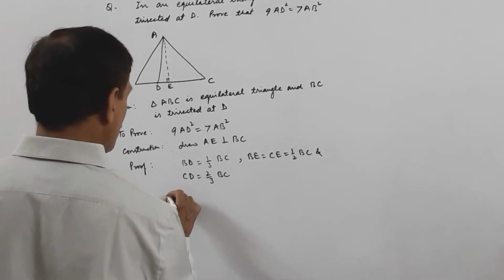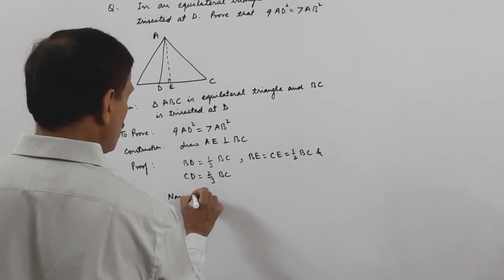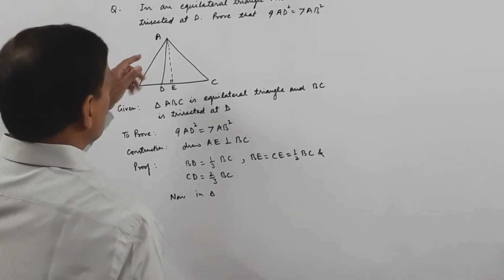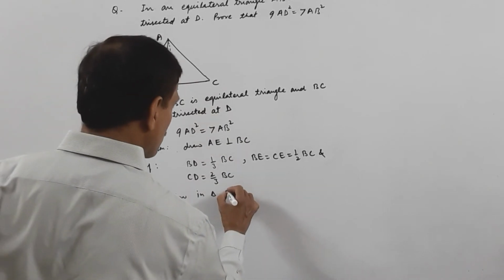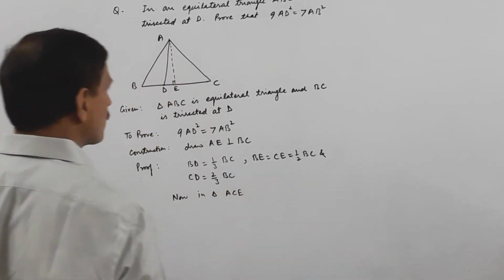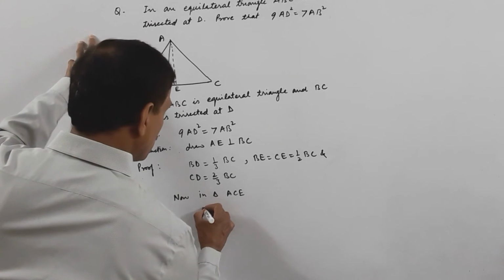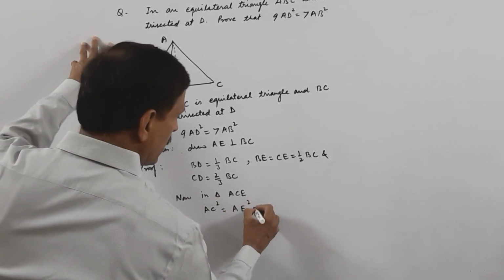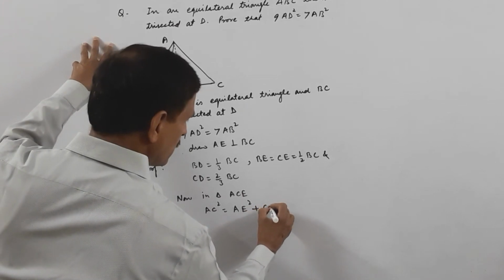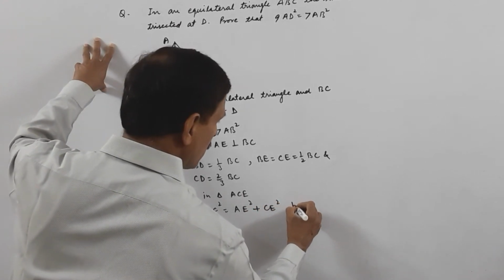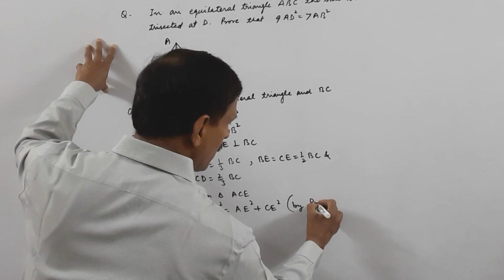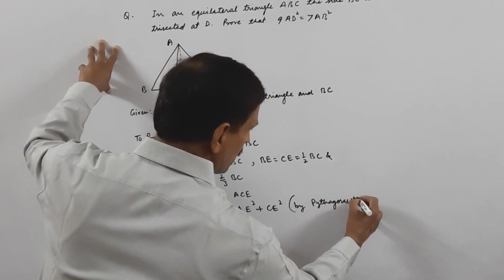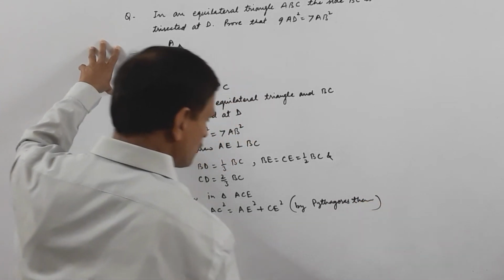Now, in triangle ACE, AC² is equal to AE² plus CE² by Pythagoras theorem.